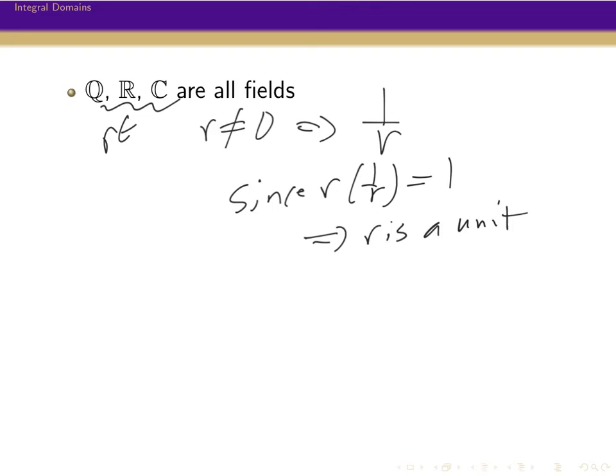And so since this is true for everything that's non-zero, that means that these sets are all fields. So rational numbers, real numbers, complex numbers, these are rings that are integral domains that are fields.